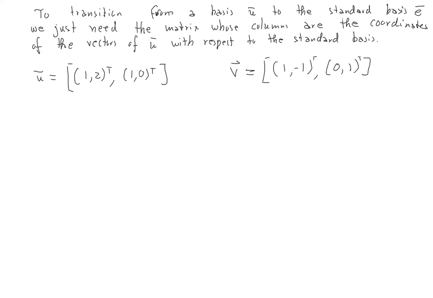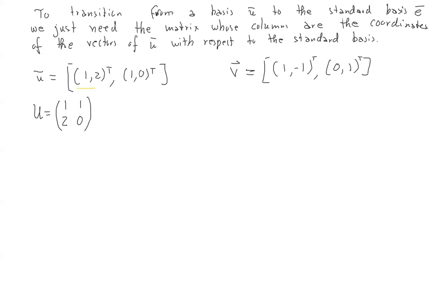If I take the matrix U that has as its columns the coordinates of the vectors in the basis U, which is (1, 2) and (1, 0), you can see how I constructed this.